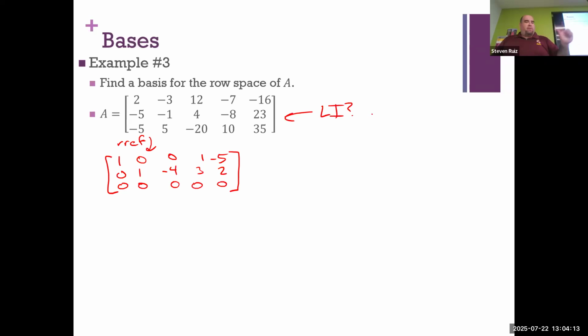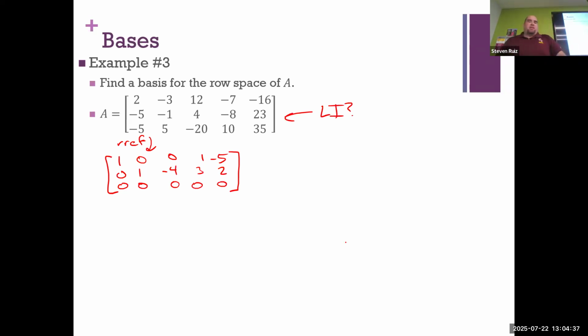Other way, you said 5 rows, 3 columns. The other way around is true. So 3 rows, 5 columns. Because of that we have to have some kind of redundancy, some kind of linear dependence. And the fact that we were able to reduce this into the thing we reduced it to, that should give us the row space.